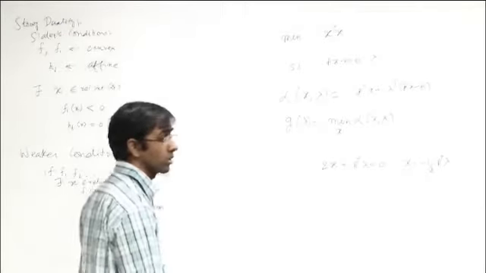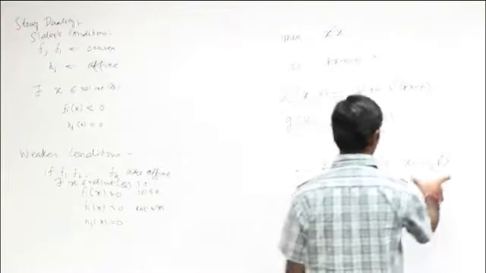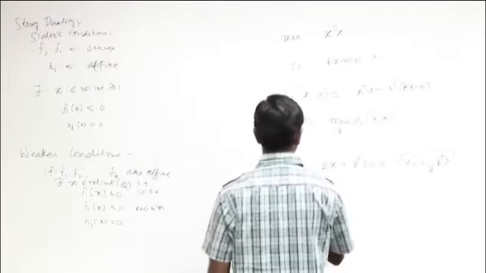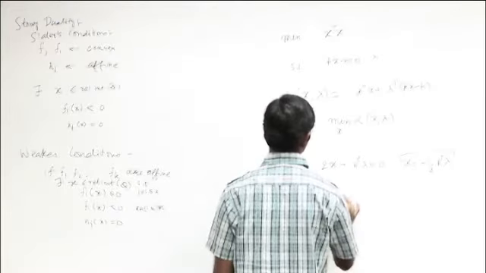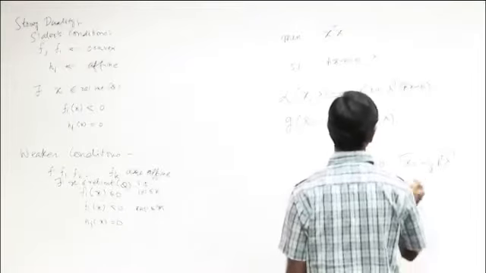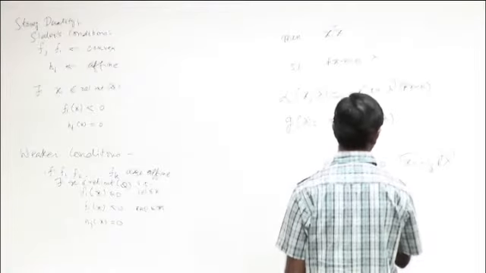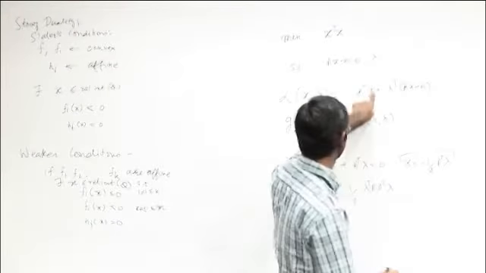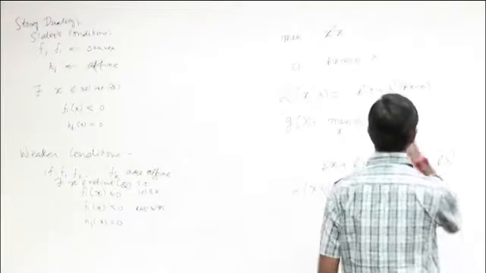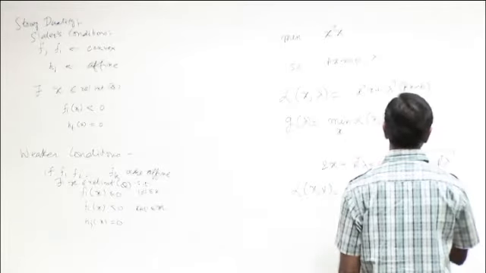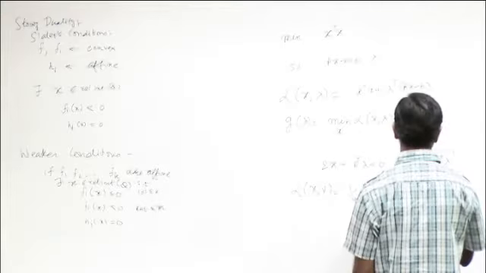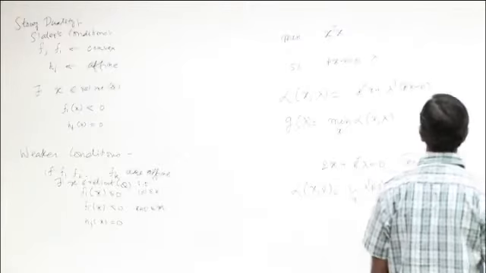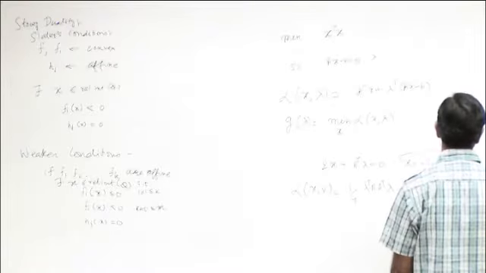So I put this value of x back into my Lagrangian. What that will give me is 1 by 4 lambda transpose A A transpose lambda, I'm just replacing x with this, minus lambda transpose A A transpose lambda by 2, minus lambda transpose b.